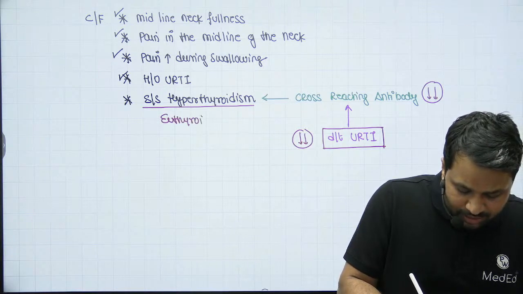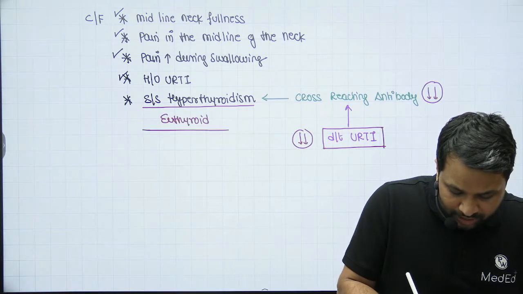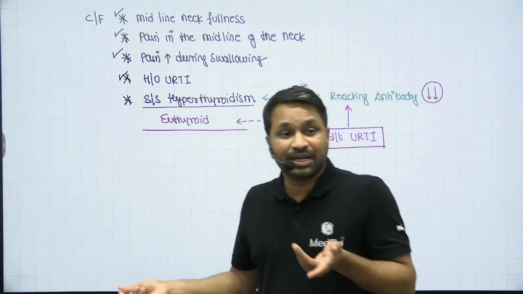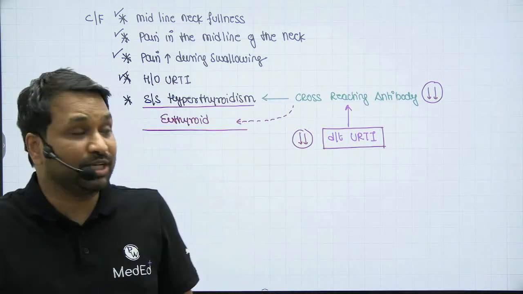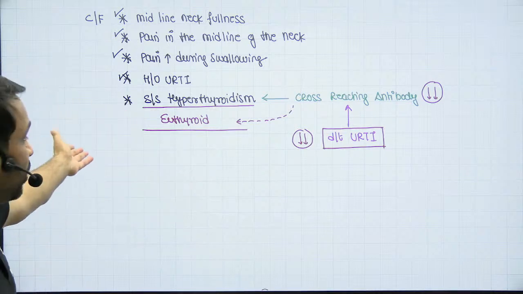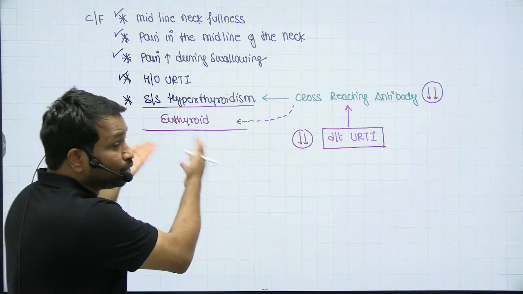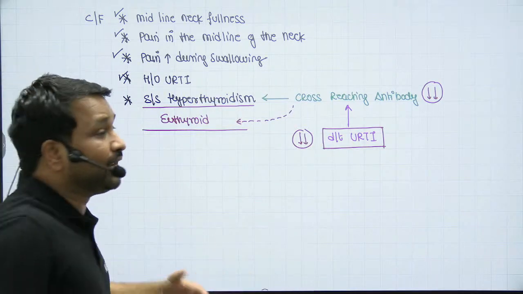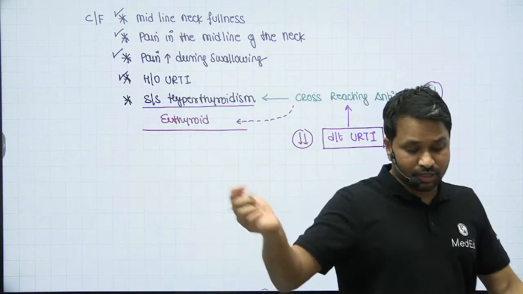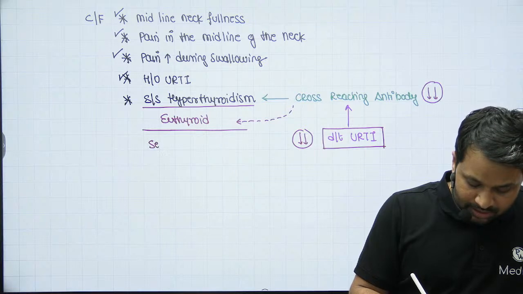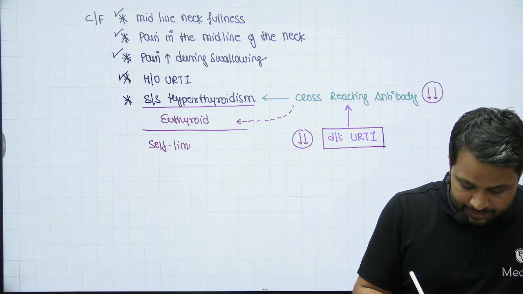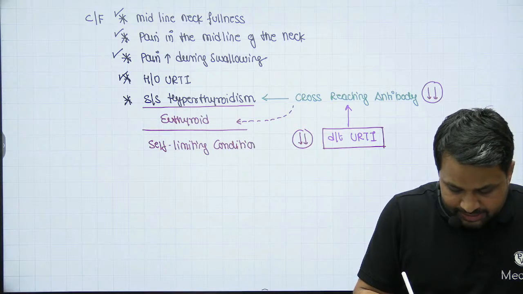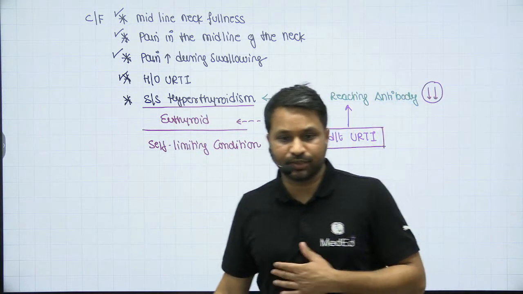Once the cross-reacting antibodies decrease, there will be no irritation of the thyroid follicles. When there is no irritation, the follicles will regain their normal status. It will become euthyroid. Did you do anything to make the patient euthyroid? The answer is no, because you didn't put in any effort. The patient becomes euthyroid by himself or herself. I can say this is a self-limiting condition.